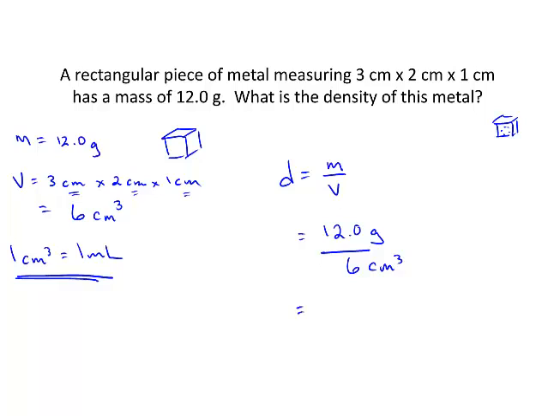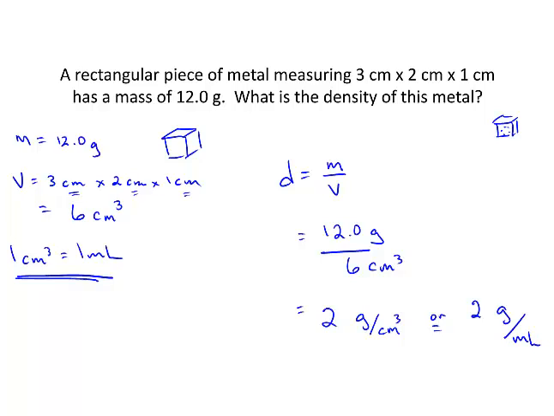And so that's going to be 12.0 divided by 6. That's going to be 2. Whatever we do to the numbers, we have to do to the units. 2 grams per cubic centimeter. Or we could write that as 2 grams per milliliter.